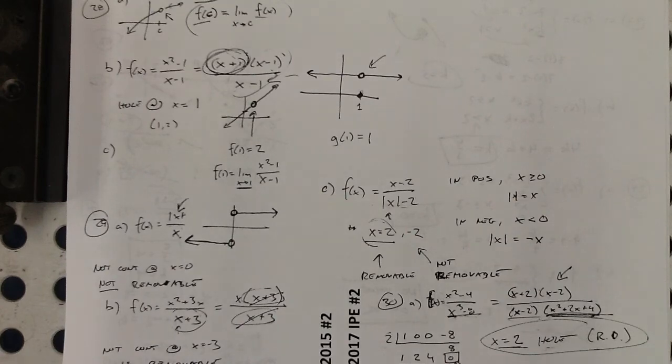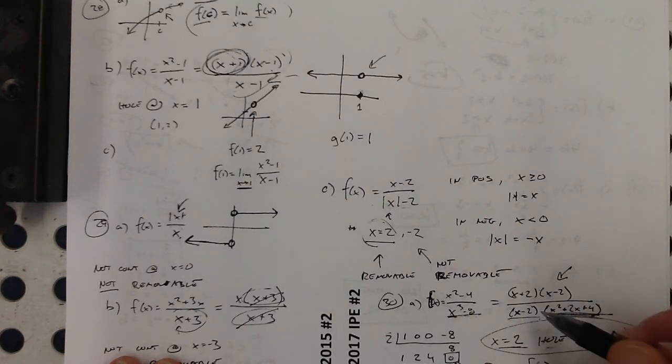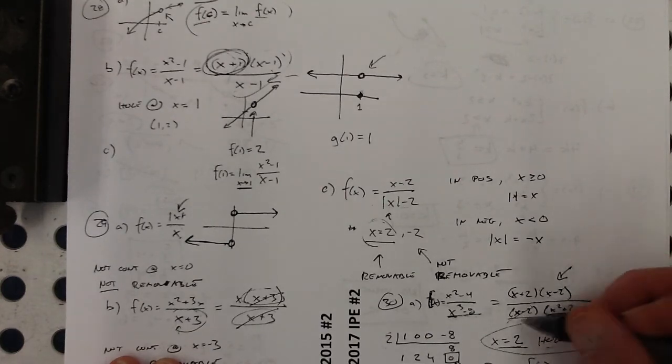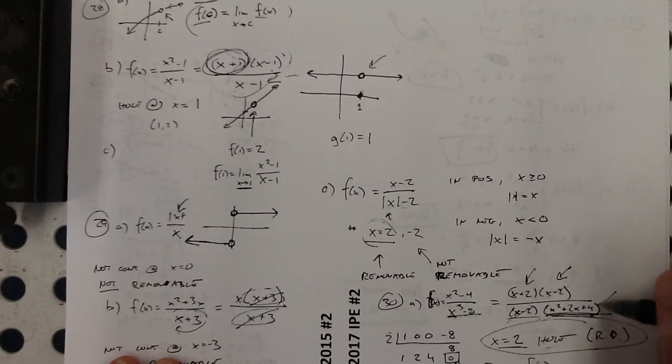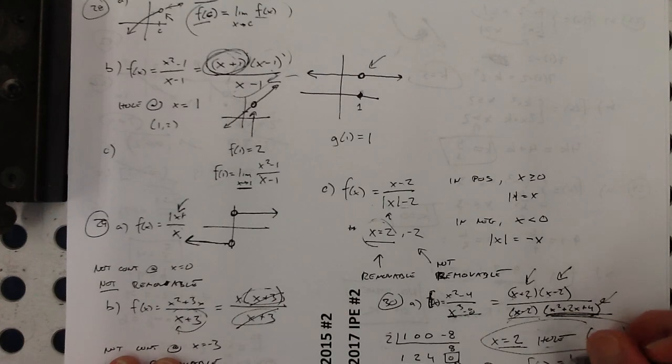Oh, and they want us to, if it's a hole, then you could plug it. So if you want to fix or plug the hole, what does f of 2 have to equal? Well, if you go ahead and cancel this out and then plug in the 2 here and here, I get 4 over 4 plus 4 plus 4, so I get 1/3.